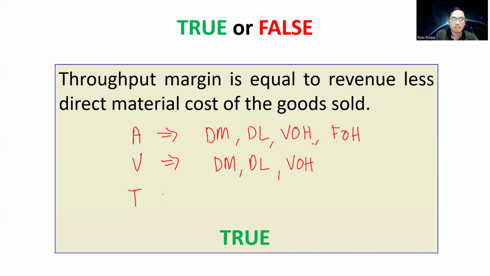But for the throughput costing method, your product cost would include only the direct materials. So to come up with the throughput margin, you just have to deduct the cost of goods sold, or the direct materials component of the units sold, from the revenue. So the answer is true.